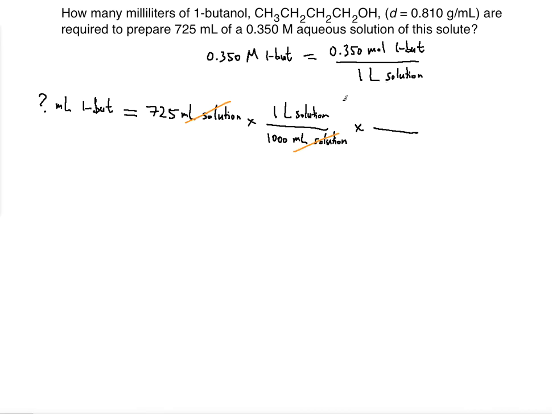As you can see, the liters will go on the bottom, 1 liter solution. On the top, 0.350 moles of 1-butanol. Okay, so we successfully got rid of this. Now the next conversion is going to be what? So we converted to moles of 1-butanol.